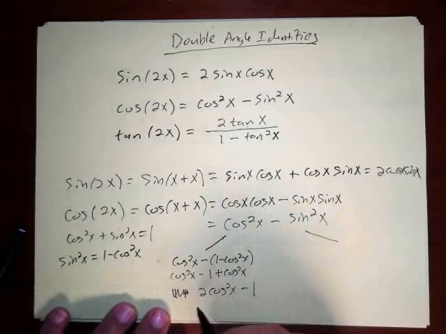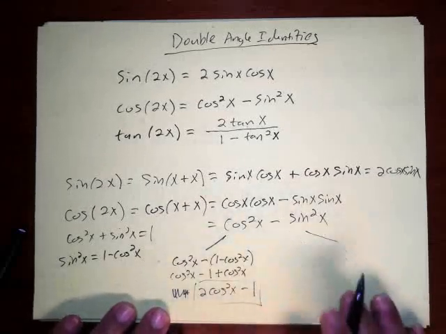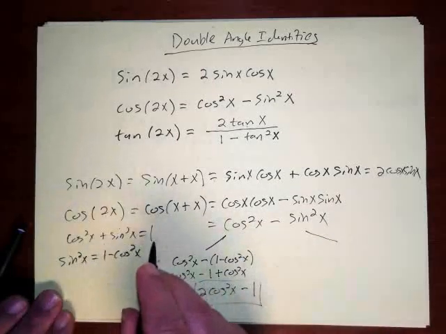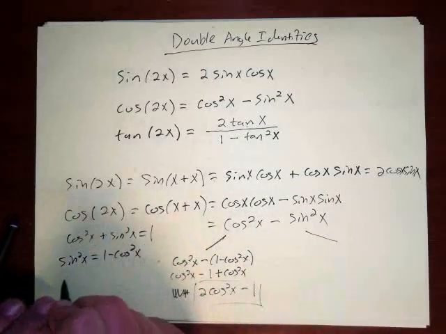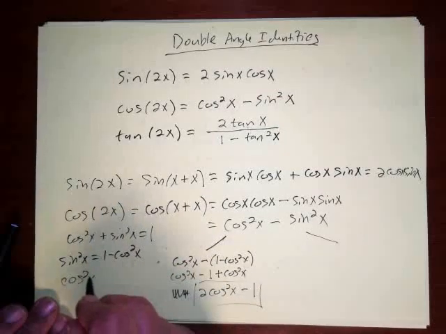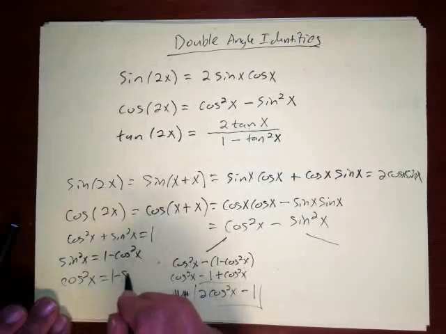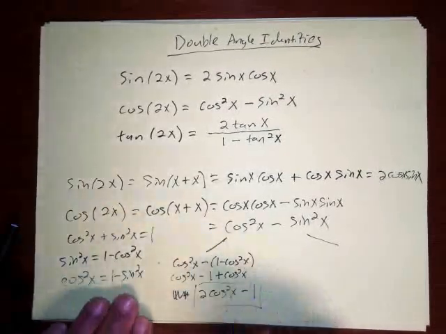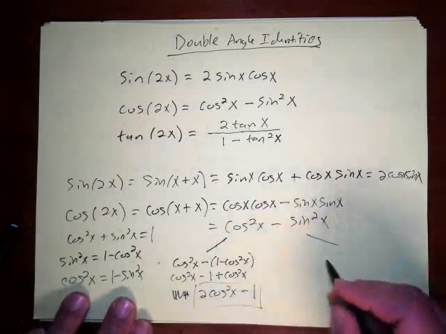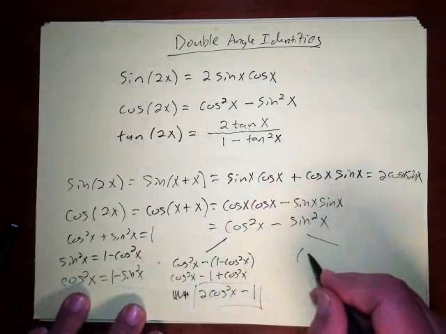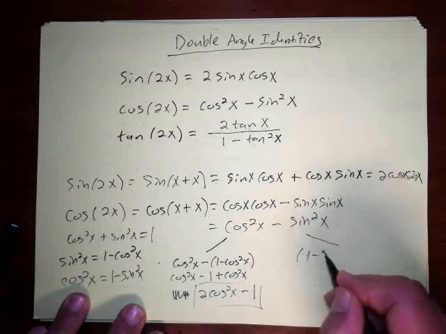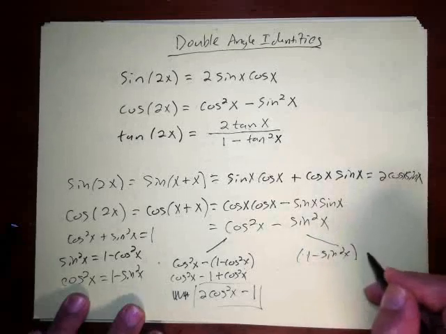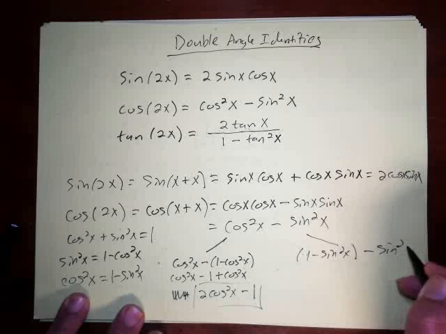So I get 2 cosine squared x minus 1. And now I could do the same thing by bringing the sine squared x to the other side. So I get cosine squared x is equal to 1 minus sine squared x. And if I plug that in for cosine squared x, then what happens is this: I would get 1 minus sine squared x minus sine squared x.